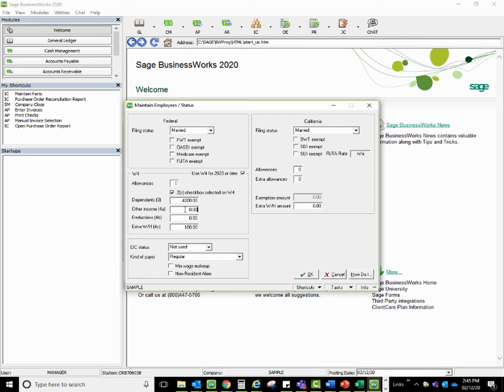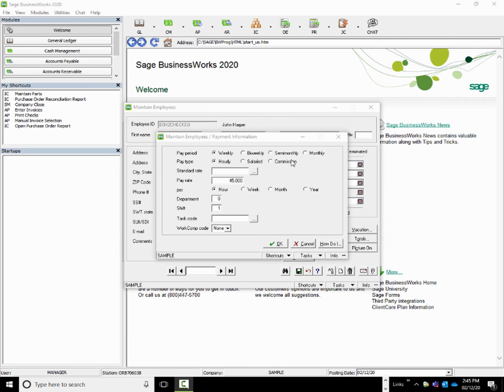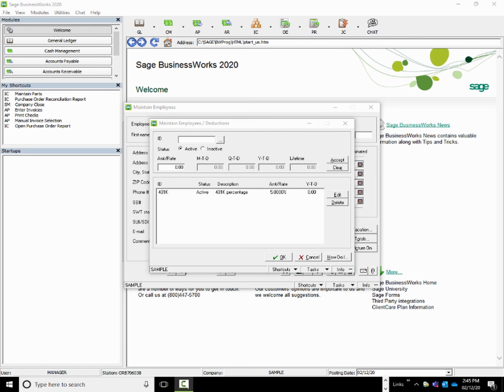There is no amounts in 4A or 4B, and the employee has entered $100 for extra withholding in the box 4C of the Form W-4. The employee is paid weekly, hourly, at $45 per hour. The employee also has a pre-tax 401k deduction of 5% of their gross.